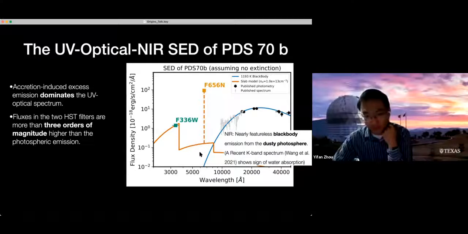So that says that in the UV and in the optical band, the observed flux is dominated by the accretion-induced excess emission.